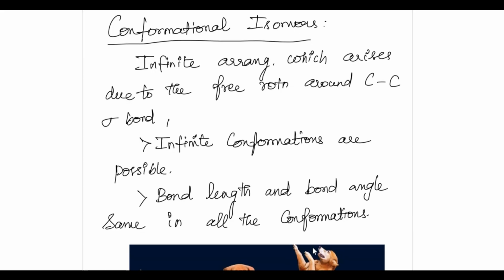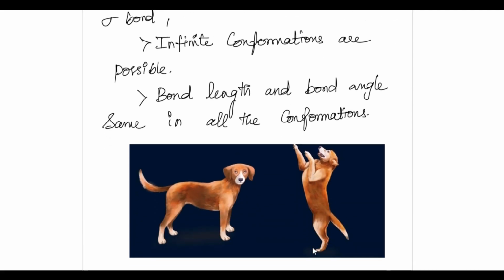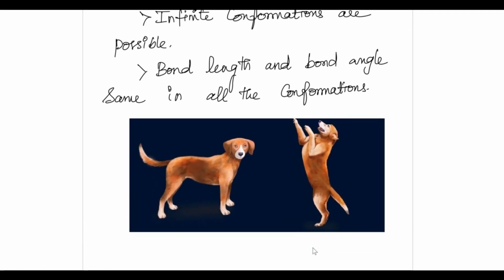Then conformational isomer. The first one we saw, that is configurational isomer. Here that is conformational, because of the free rotation of CC bond. In configurational we saw double bonded compound and ring systems, where there is no free rotation. But here I have free rotation. Like you can see, if I am taking a dog, standing position and normally standing position, or jumping position and standing position, you can say.